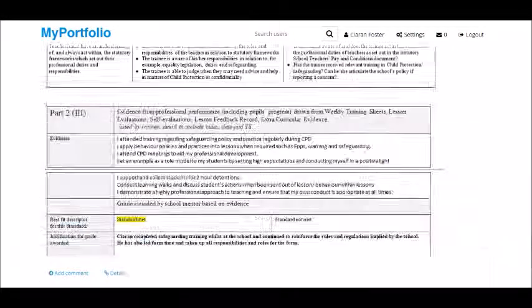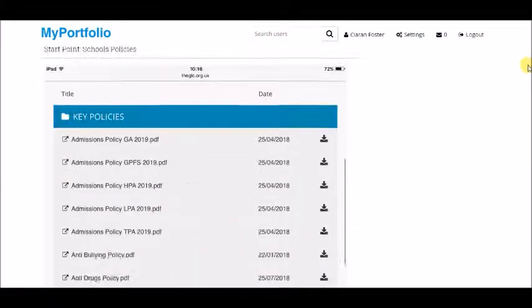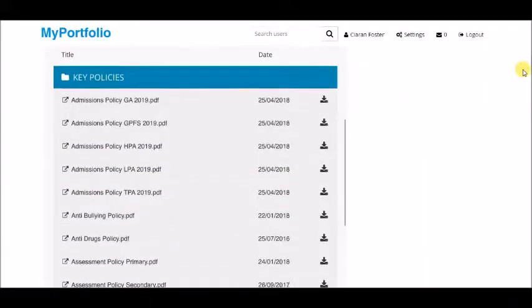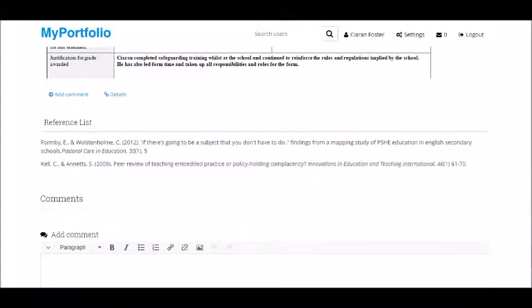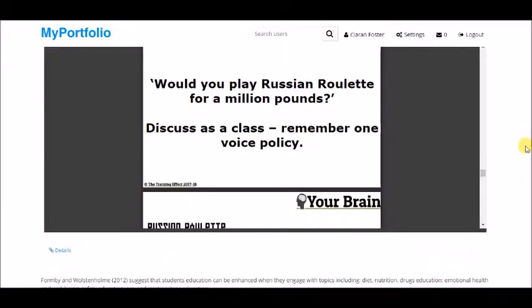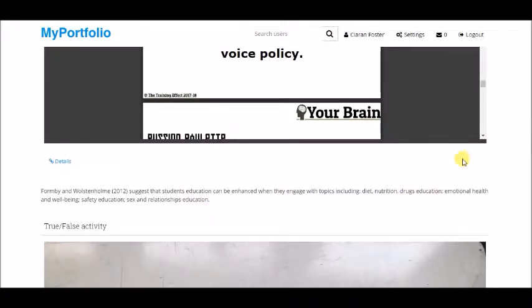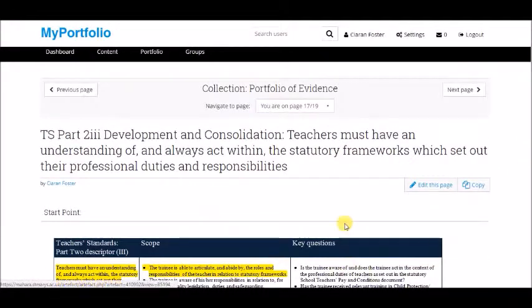So it was just showing that I managed to meet that standard and was able to maintain all the roles and responsibilities as a teacher within the school. There are the two references which I used, so feel free to go through them in more depth, and feel free to look through the evidence further. But yes, that's my final standard of TS Part 2.